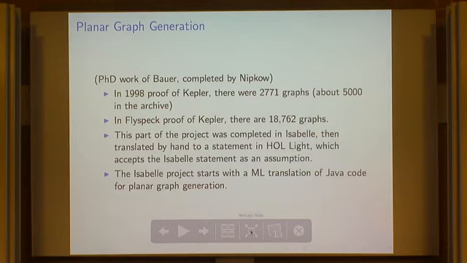So in the end, there were a lot more graphs. So this part was done in Isabelle. This is the most unsatisfactory part of the formalizations that we have, these two different proof assistants involved.